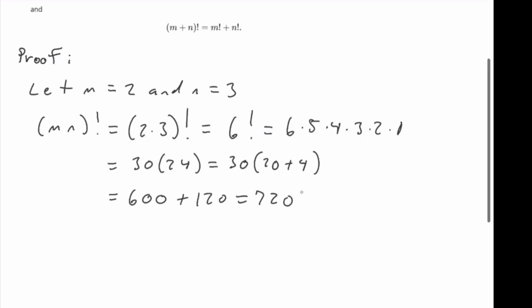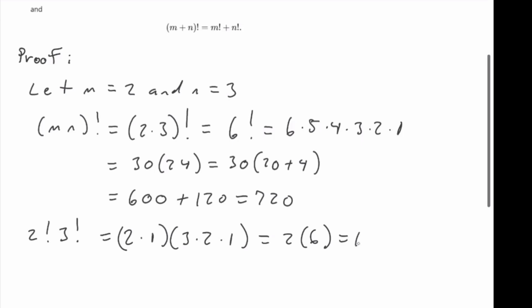Okay, so let's go ahead and see 2 factorial times 3 factorial. Well, that's significantly smaller than 720. So this is 2 times 1, times 3 times 2 times 1, which is 2 times 6, which is 12.